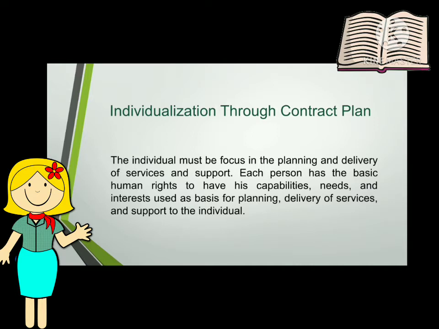And the plan may involve encounters between the learner and the teacher to evaluate the progress of the assigned task, which normally is structured according to the learner's interests and abilities. And the concept of independent learning, where learners are provided self-learning kits or modules, would amount to a contract plan specifying what should be accomplished at a given time.